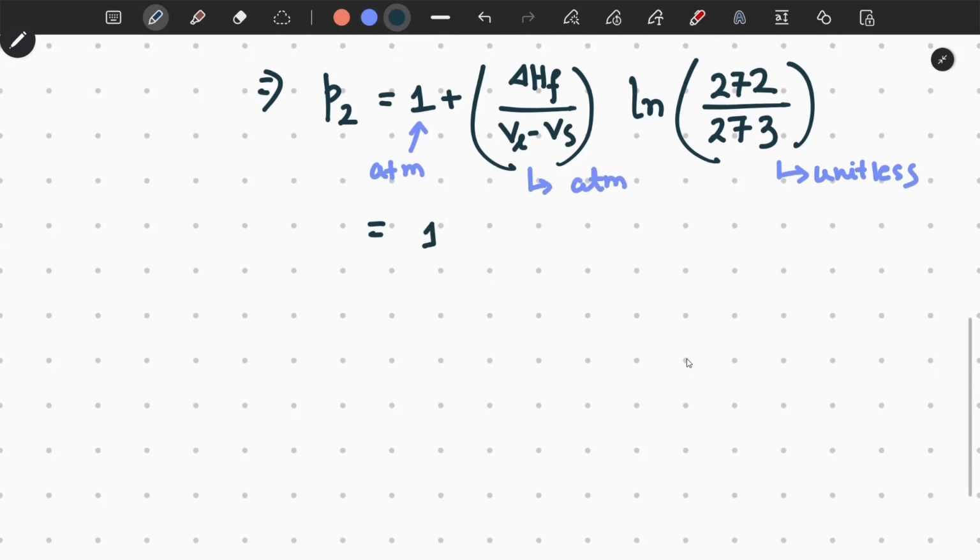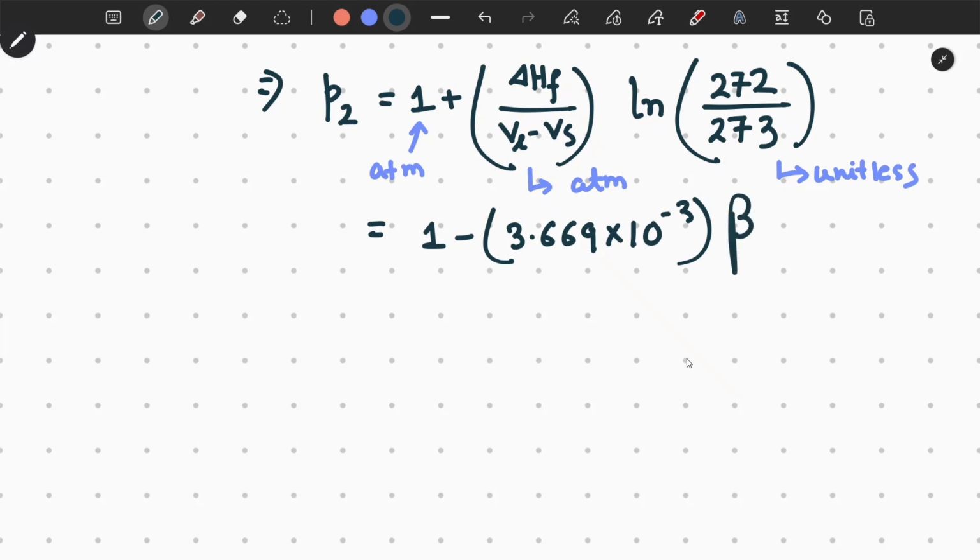So it will be 1 plus, it will be minus, because ln 272 divided by 273 is negative, minus 3.669 into 10 to the power minus 3 times this factor. Let's say this factor is beta, or any factor gamma. So this gamma we will calculate in ATM.